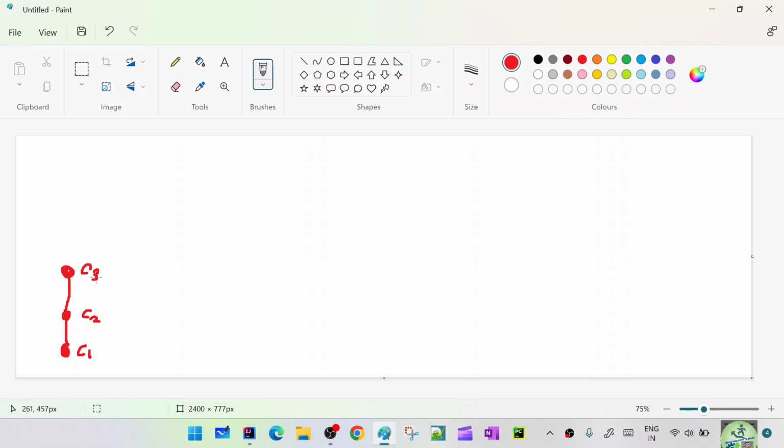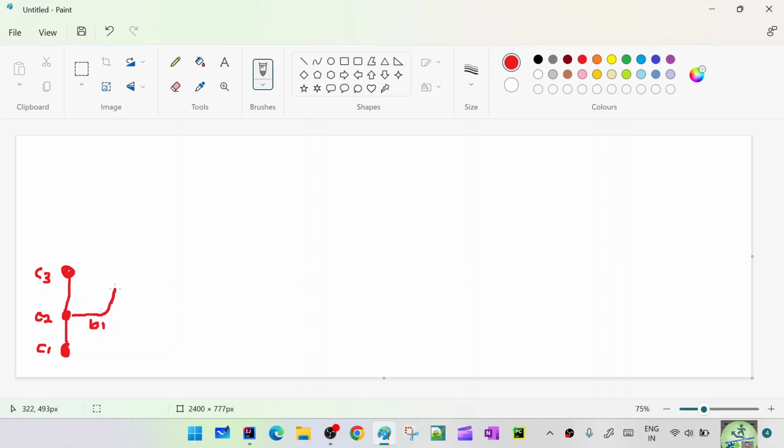So let's say from the second commit, let me write it all the way on the left side. This is commit 1, this is our commit 2, and this is our commit 3. Let's say from commit 2 we have taken out another branch. Let's say this is our B1 branch, and this branch B1 will have a few commits.